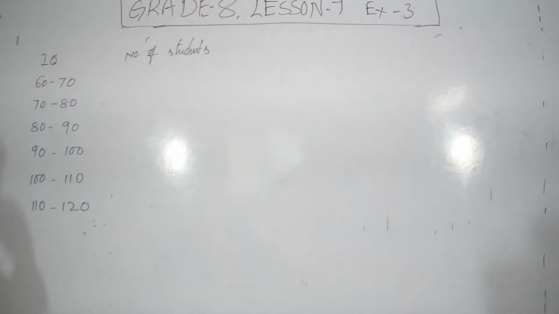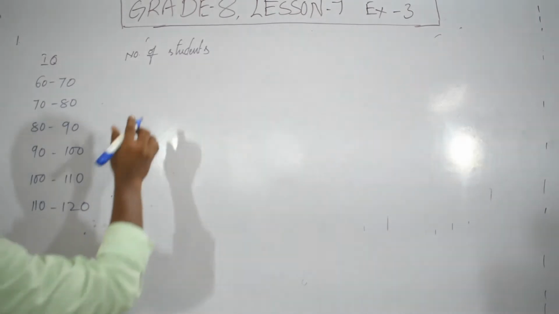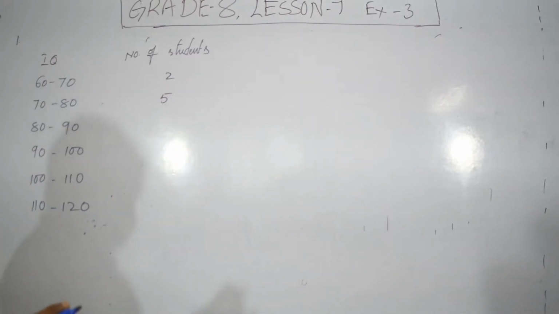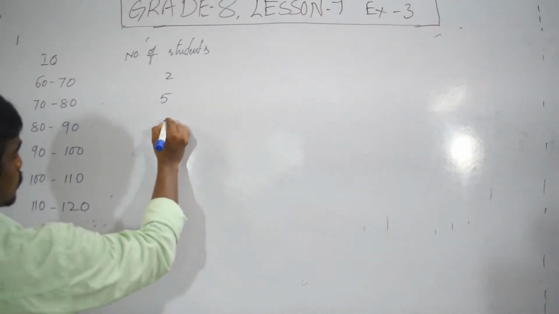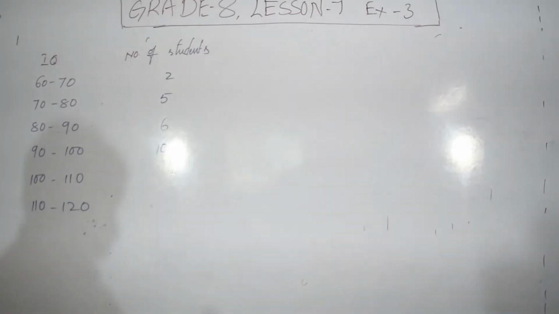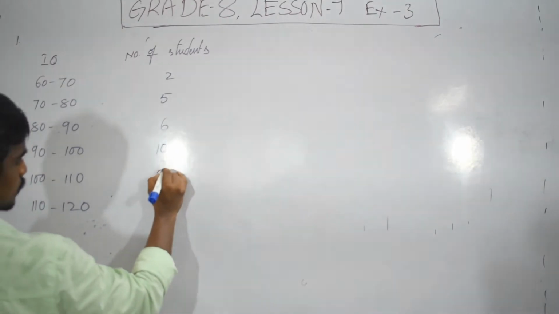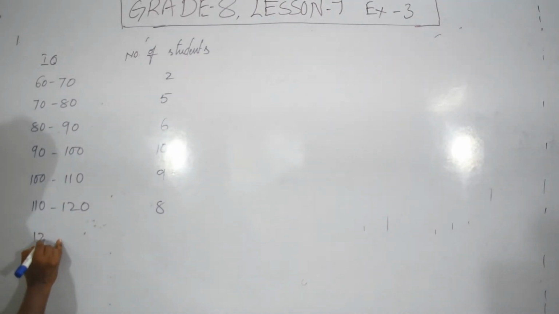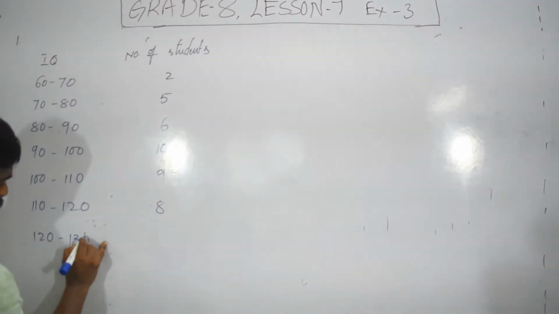These are the given class intervals. Next the number of students: 2, 5, 6, 10, 9, 8, and 5, for 120 to 130.